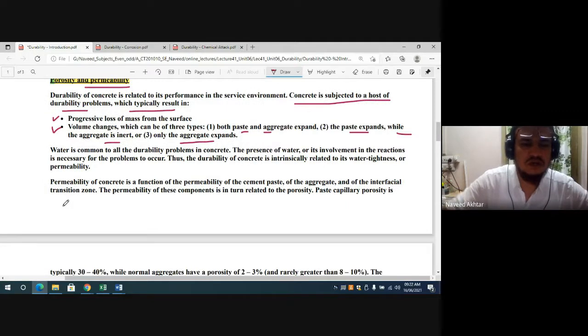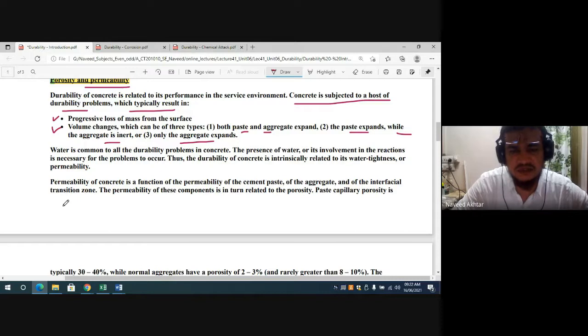What is common to all the durability problems in the concrete? The presence of water or its involvement in the reaction is necessary for the problems to occur. Thus, the durability of concrete is intrinsically related with its water tightness or the permeability.